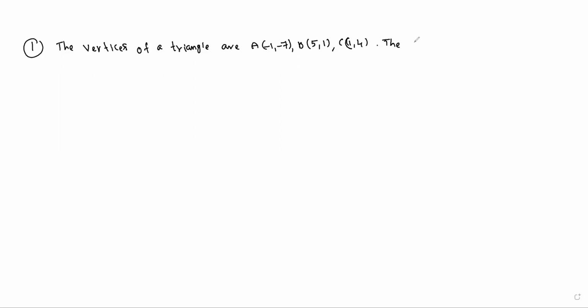We need to find the equation of the bisector of angle ABC. We need to find the angular bisector at point B.